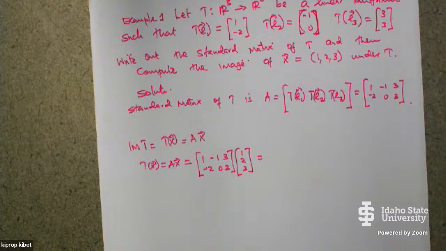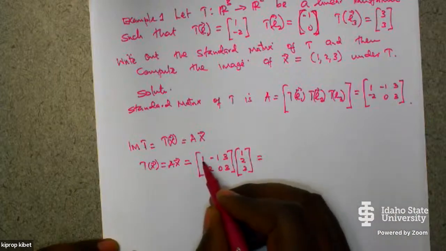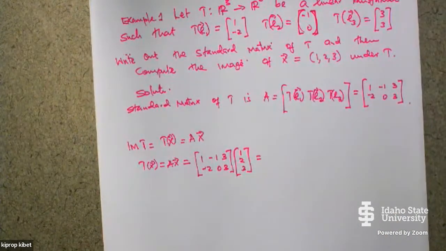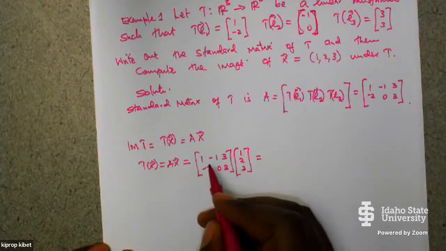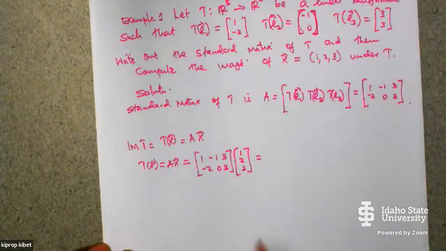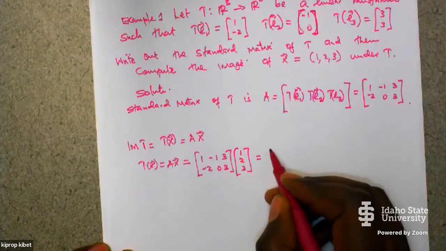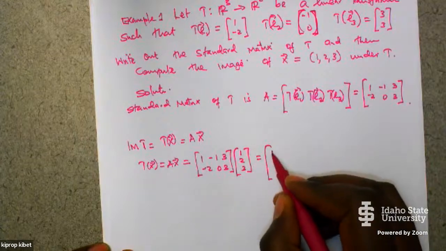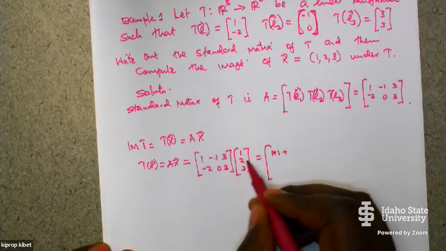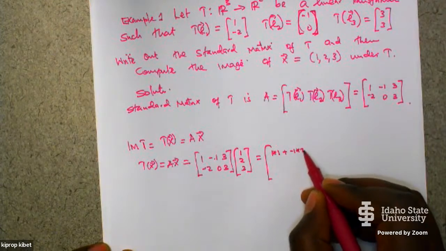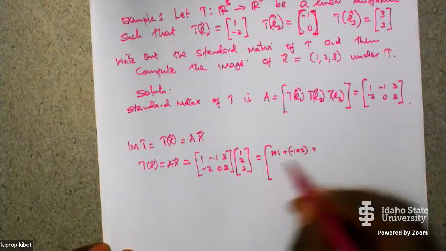Now A of X. What you get here is, you take the row operation, like multiply by that. Some of you are not doing a good job in your exam. When you're multiplying the matrix, you take this row and that column. So this is 1 multiplied by 1 plus -1 multiplied by 2 plus 3 multiplied by 3.